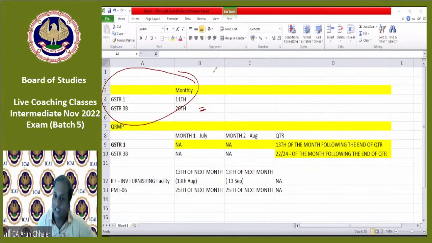The due date will not change according to the chapter. If you revisit the last class, you will hear me using the word monthly, because in case of monthly, the 3B has to be filed by the 20th of next month, and that is the due date of the taxes. In that class, I never used the word quarterly, because it is a long concept.